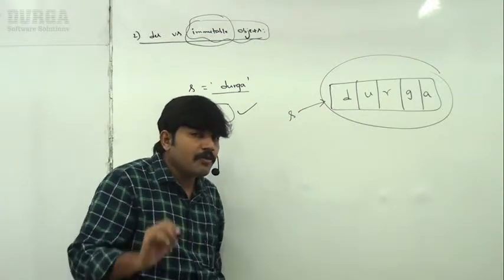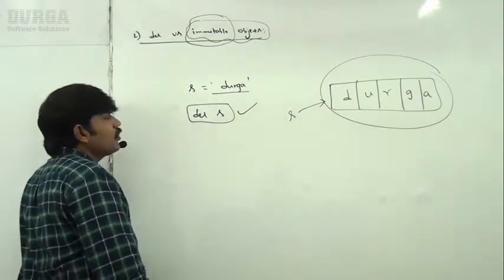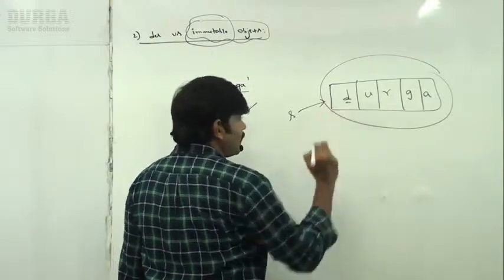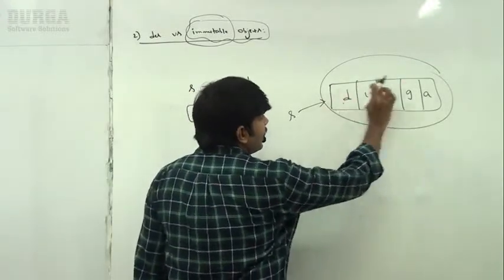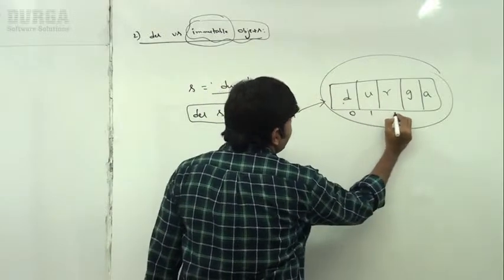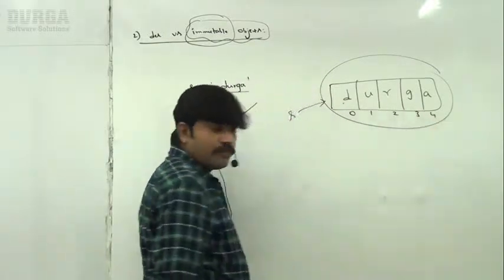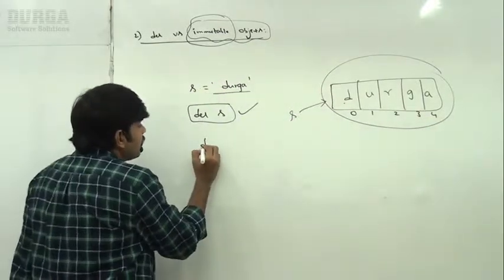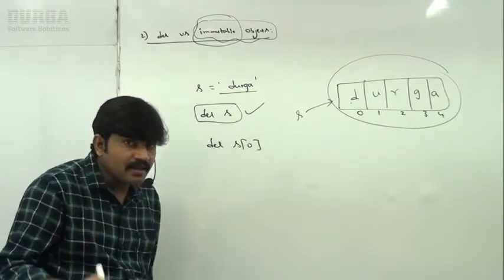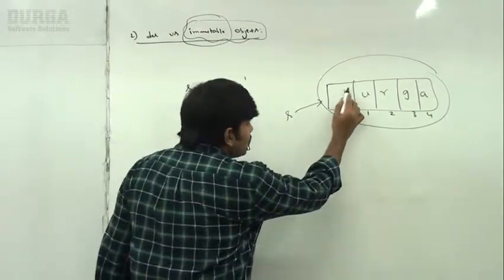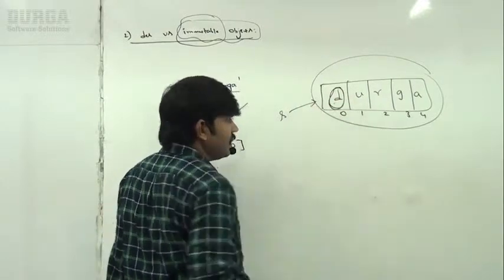Acceptable, right? But now my point is, sir, I want to delete this D. How can you access elements or characters of the string? By using index 0, 1, 2, 3, 4. Now my requirement is del S of 0 I am taking. Del S of 0 means this D I have to delete.